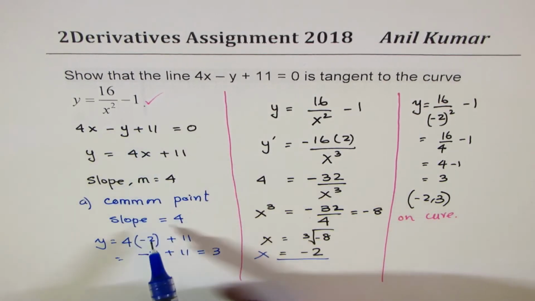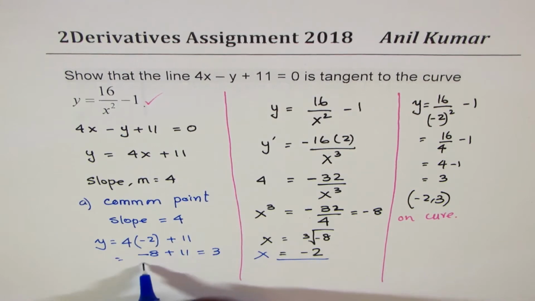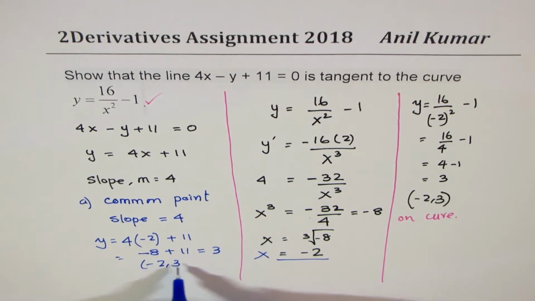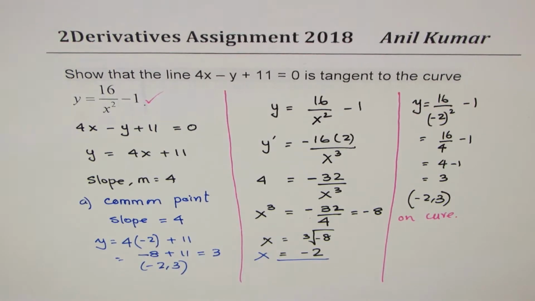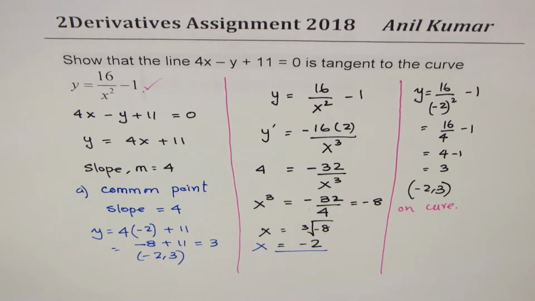So on the line itself, the point which we have is also (-2, 3). So we have a common point with the same slope. So that is how you can show that the equation of the line is tangent to the curve. Perfect. So I hope that is clear. Now let's move on to the next question.